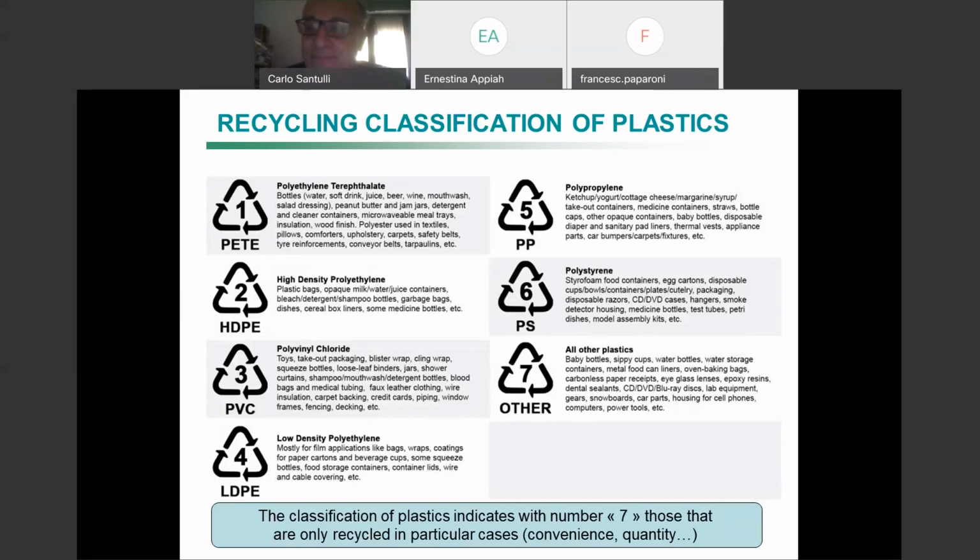Then the structure cannot be recomposed as such. What I mean very simply is that from a bottle, you don't make again a bottle. You make some fluffy material from which you can take a part of it and add to new plastics to make a bottle.